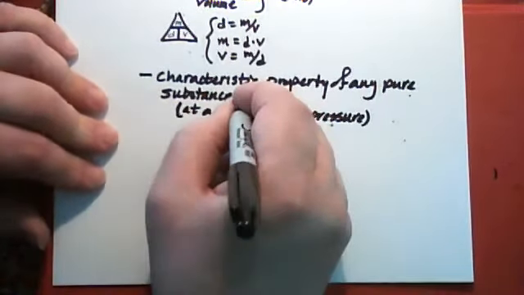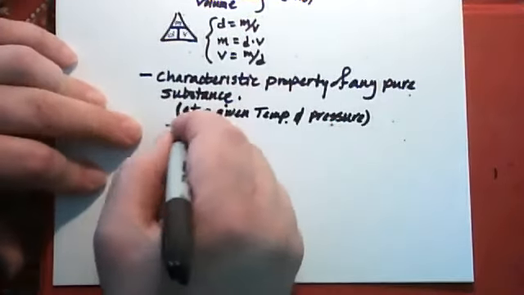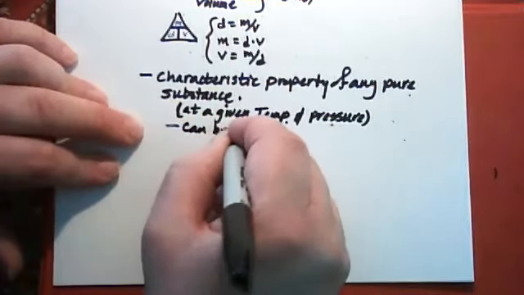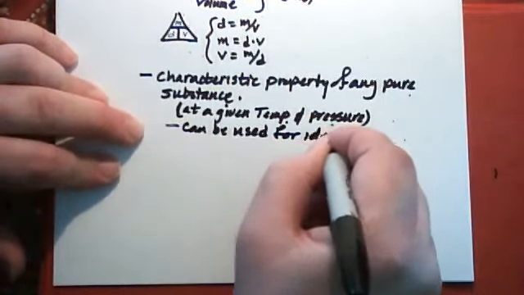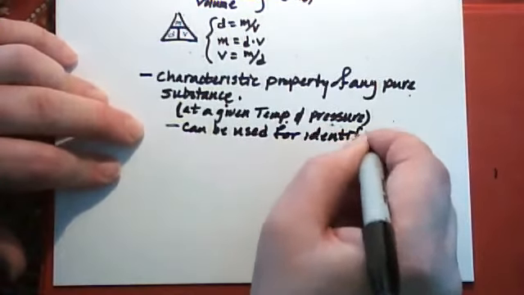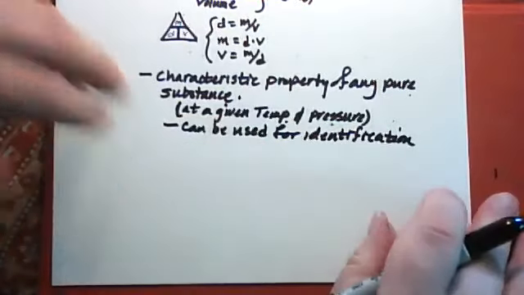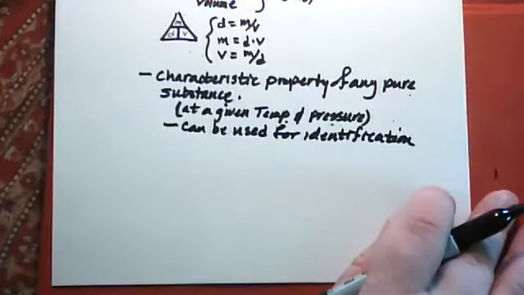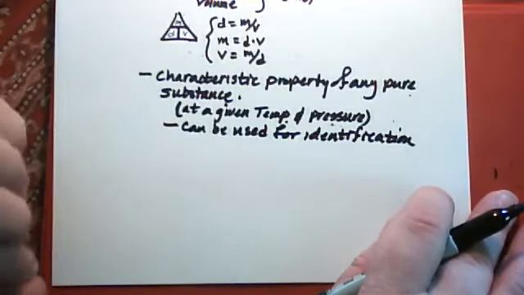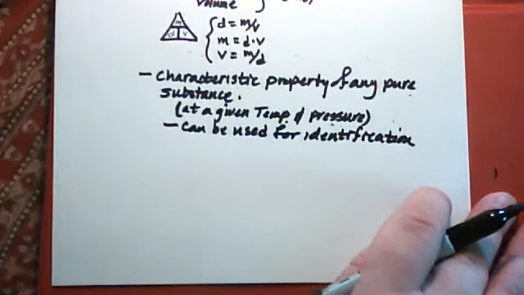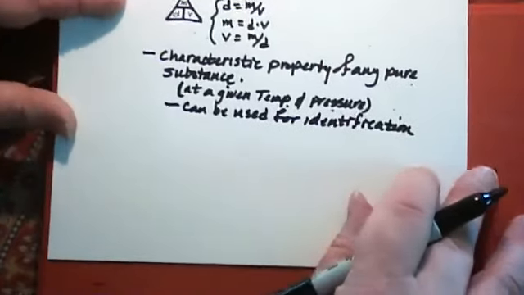But if you do find the density of an object, that can actually help you identify it. Because if you can find out what the density of that object is, you can match it up to the known densities in reference books, and that'll tell you what the object most likely is.